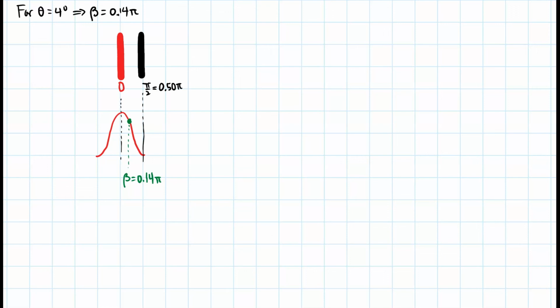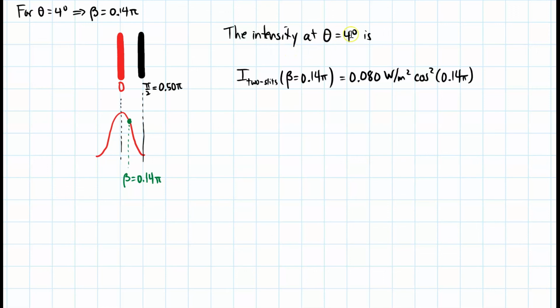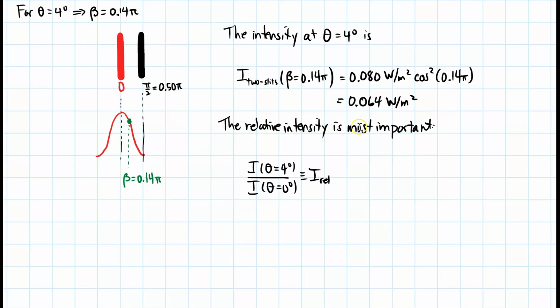Now let's calculate the intensity. The intensity at 4 degrees is written in terms of beta, so it's 0.08 times cosine squared of 0.14 pi, and numerically this value is 0.064 watts per meter squared. Unfortunately, that's not the way we want to write it. Relative intensity is the most important, so we write that the intensity at 4 degrees divided by the intensity at 0 is defined as the relative intensity.